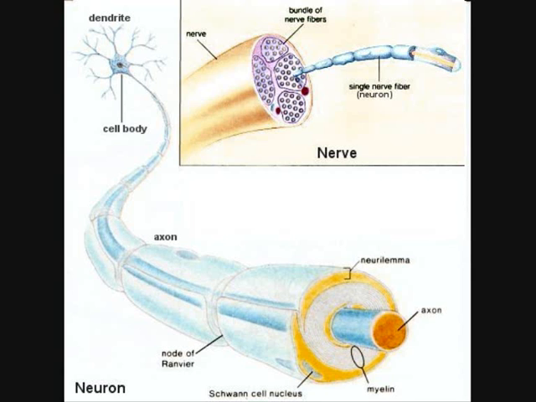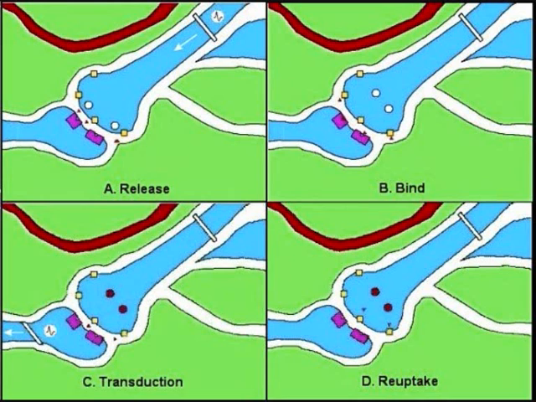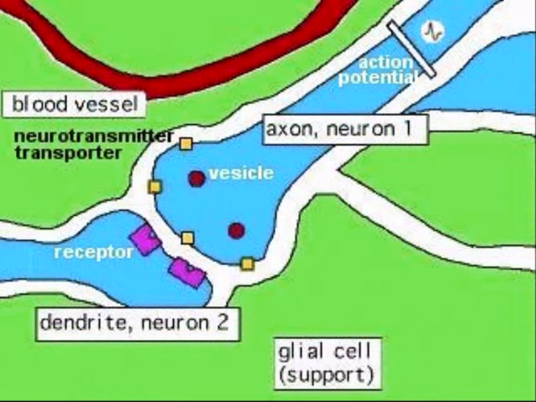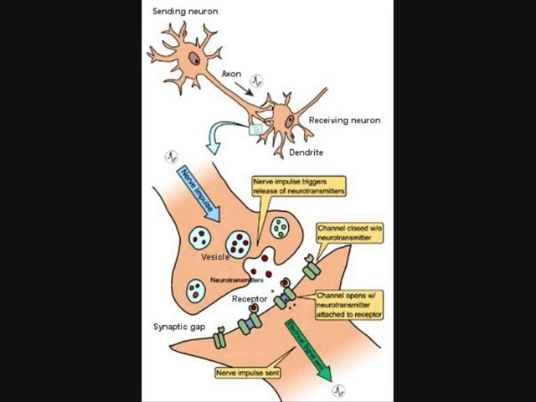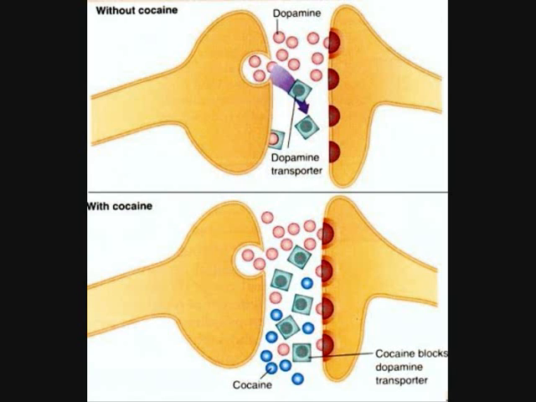This is a synaptic gap, a junction between the two. Now these neurotransmitters are liberated here. Then suppose this channel opens, the neurotransmitters attach to the receptor, and then this is transmitted to the other part as an electrical impulse. Here it is a chemical thing, but it is transmitted as an electrical impulse. This is how the nerve impulse is sent to your brain.